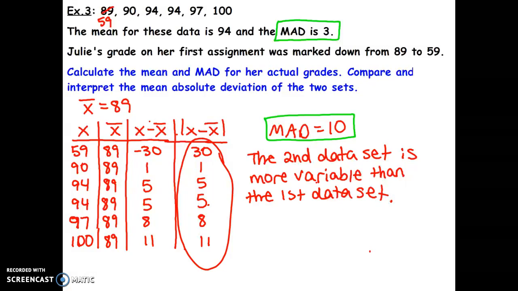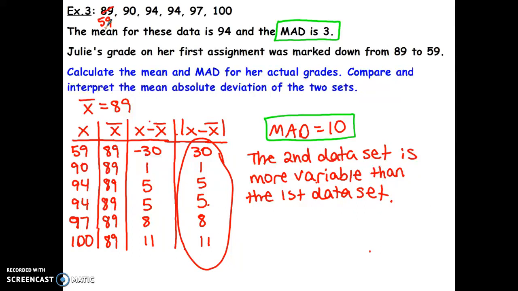So let's think about why that is. When we looked at our original grades, well, what she thought her grades were, 89, 90, 94, 94, 97, 100, those grades are all very close together. So it makes sense that if we were to put those on something like a dot plot, they will all be close together. But when we added in that 59, now we have a number that's set apart from all of the other numbers.